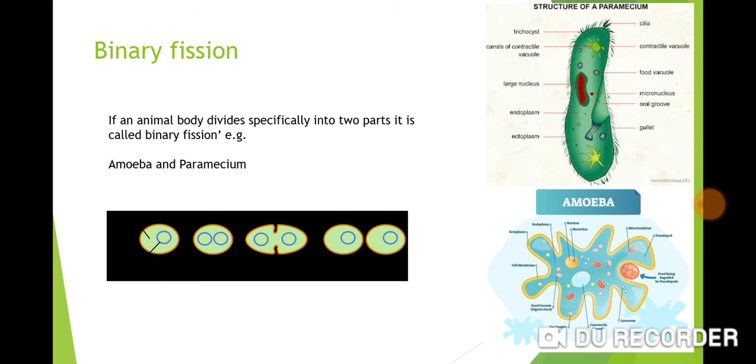Binary fission in organisms or in any animal body takes place when a single cell or a single organism is divided into two, having the same shape and same structure, and it basically divides into two and develops its identical copy. This process is known as binary fission.